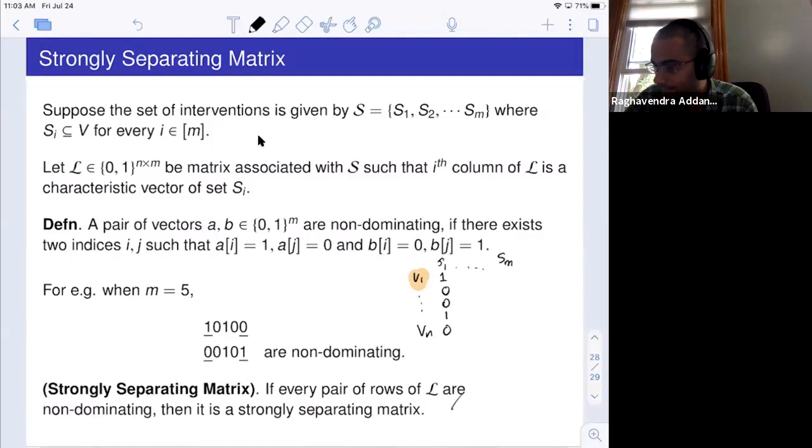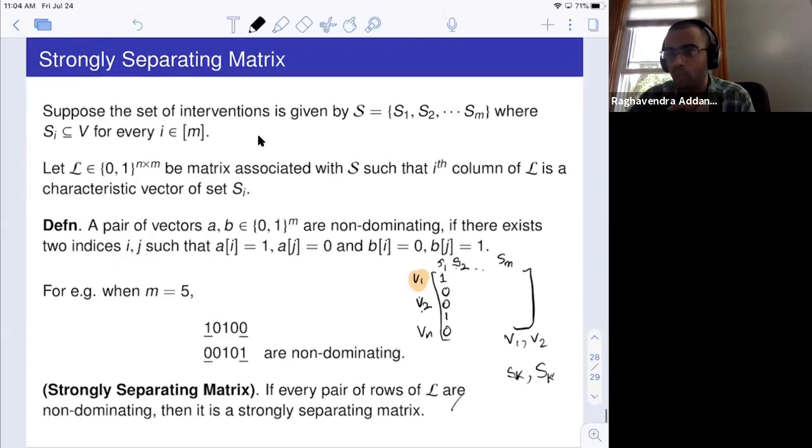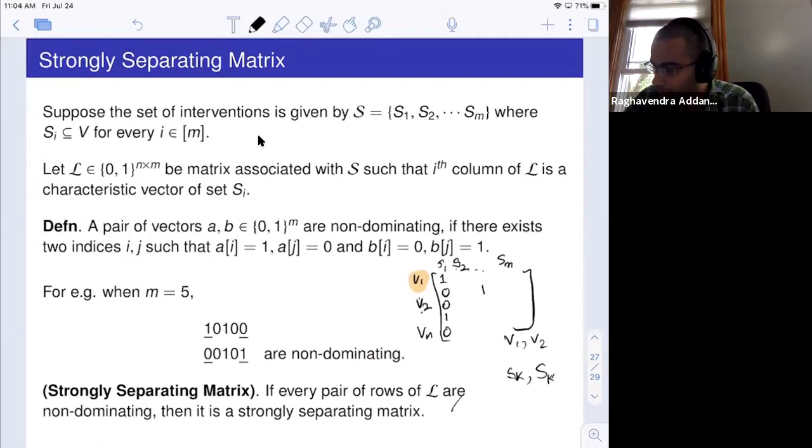What I just said earlier means that for any two variables, v1 and v2, there exist sk and sk prime, which are strongly separating. This is the necessary and sufficient criteria which I described earlier. So this matrix is called a strongly separating matrix, and it has an interesting property that between any two rows of this matrix, the pattern 0, 1 and 1, 0 should exist.